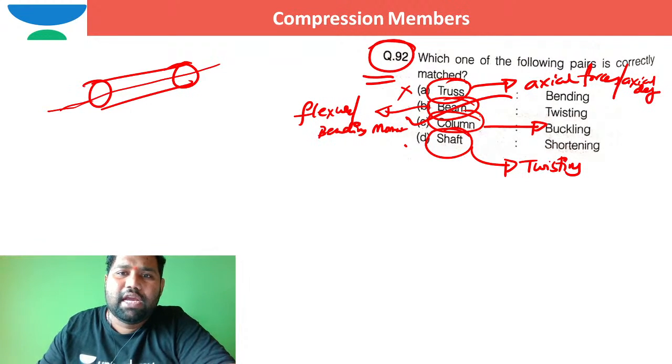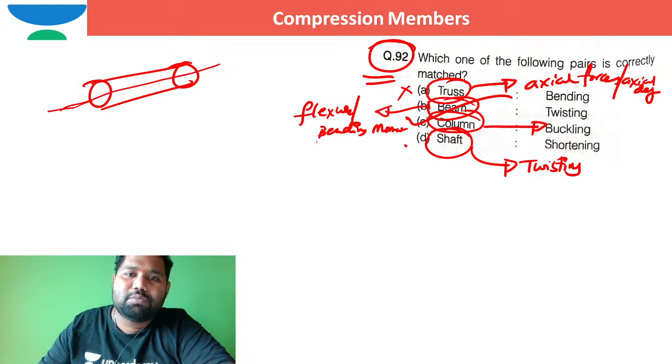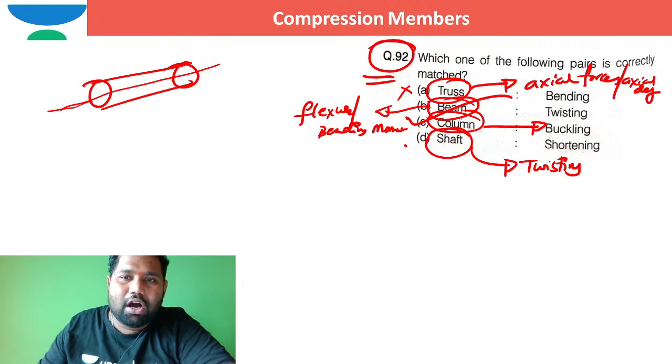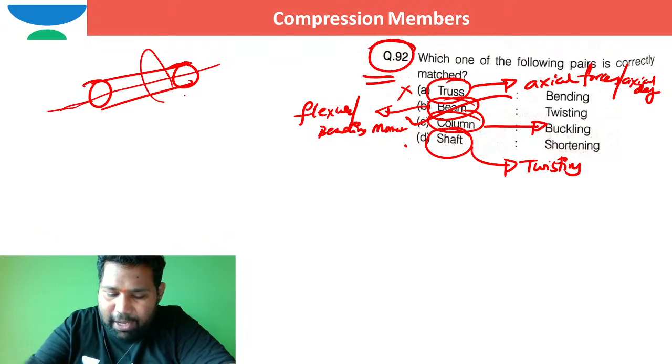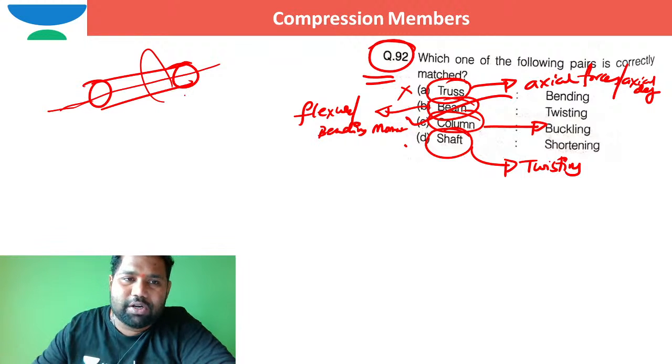In case of a beam, flexural deformation is possible because of bending moment. In a column, buckling is possible. In case of a shaft, twisting is possible because it keeps on rotating about the major axis. It rotates about the axis of the shaft, right?